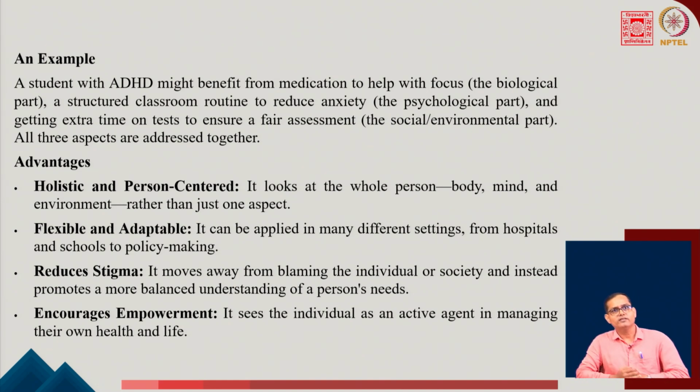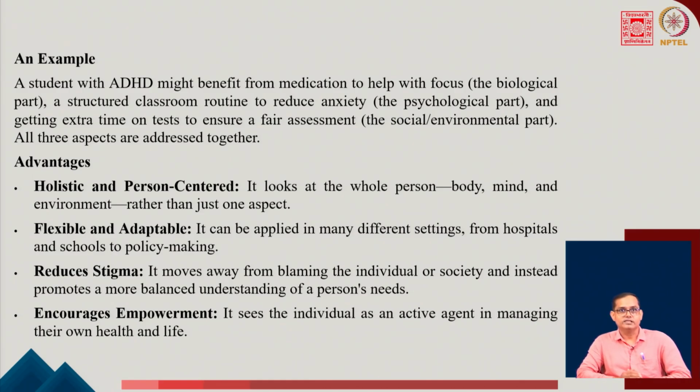There are many advantages of this model of disability. First one is holistic and person centered. It looks at the whole person, body, mind and environment rather than just one aspect. It is flexible and adaptable. It can be applied in many different settings, from hospitals and schools to policy making.